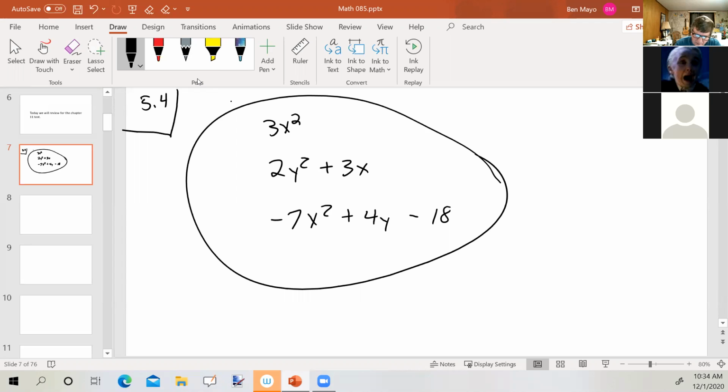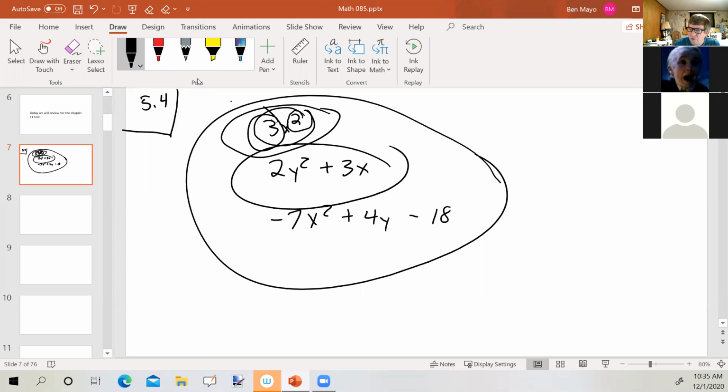So let's talk about coefficients and variables, etc., etc. So this monomial is a 2nd degree monomial because of the 2 on the variable, the exponent on the variable. It has a coefficient of 3. This binomial has 2 terms.